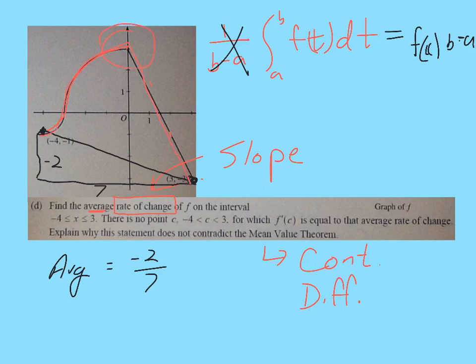But at that point right up here at f of 0, we are not differentiable. We have this point, a cusp. We have this quick change here where there is no derivative. There is not a single tangent line at that point. It is not differentiable at f of 0. So in fact, the mean value theorem doesn't apply to this at all. That's why it doesn't contradict it.